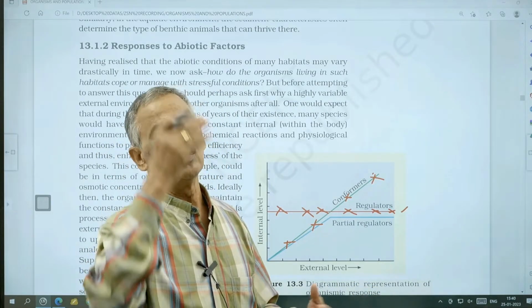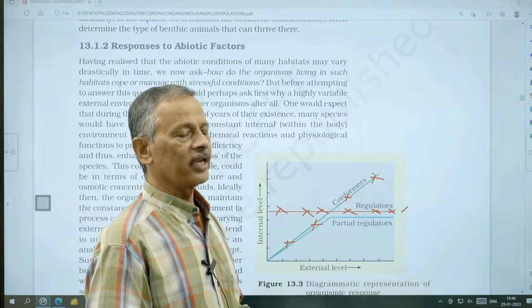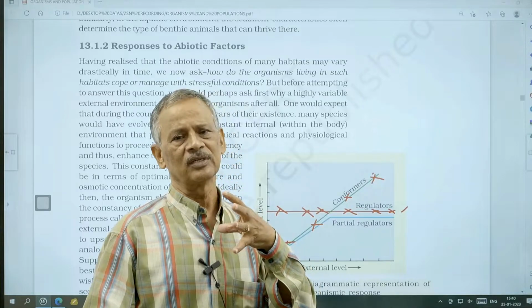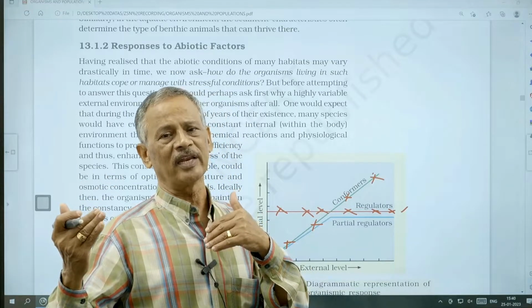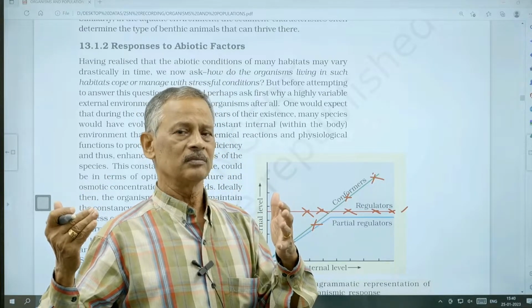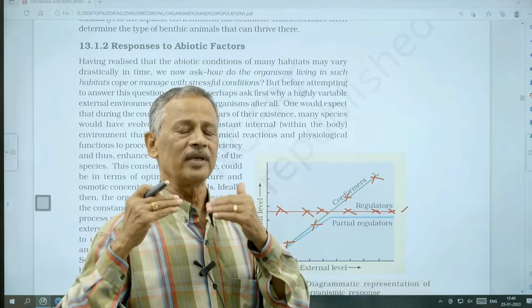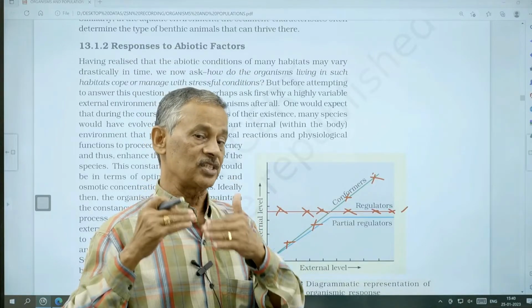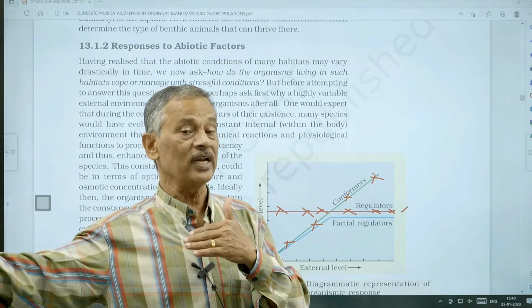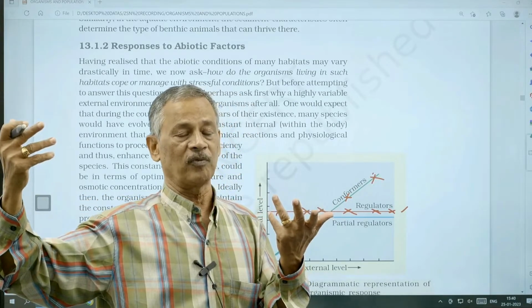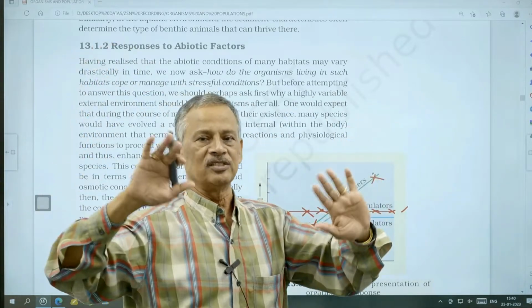And very few organisms are capable of bringing some small, slight changes. When the change in the outside environment is very small, they will be regulating. Okay. They will be regulating and keeping their body conditions stable. But when the outside environment conditions become very, very wide, they cannot cope with that. They also change.